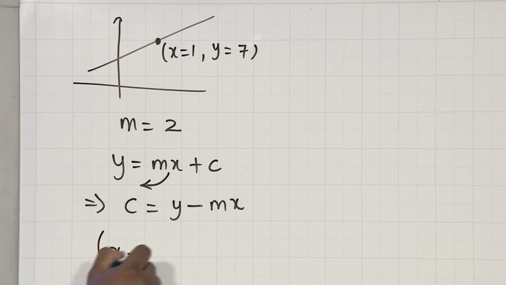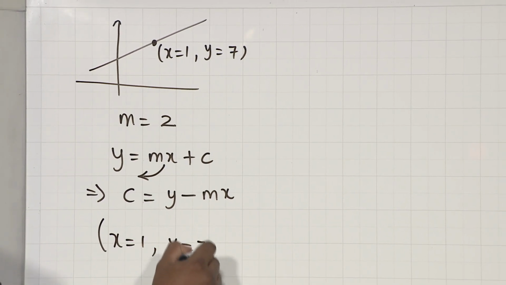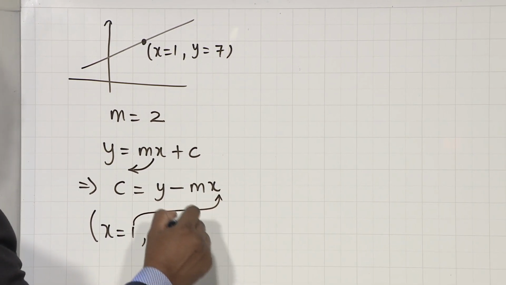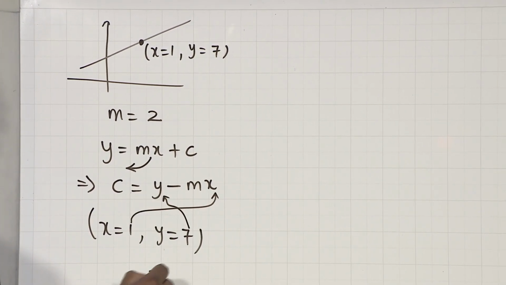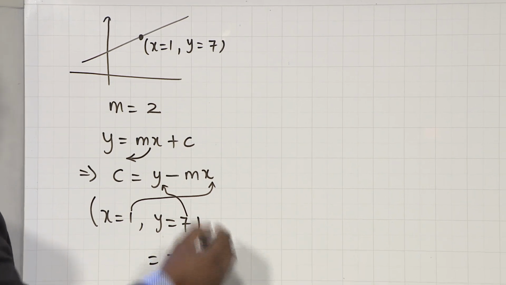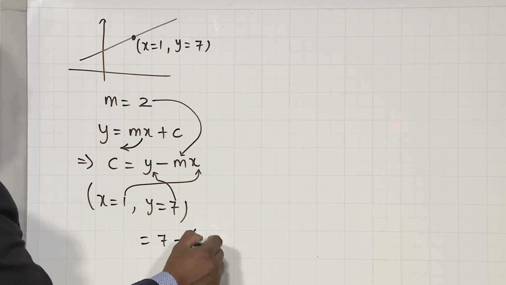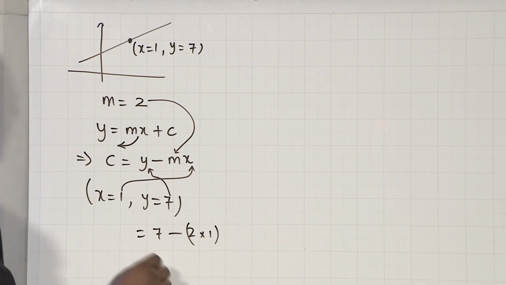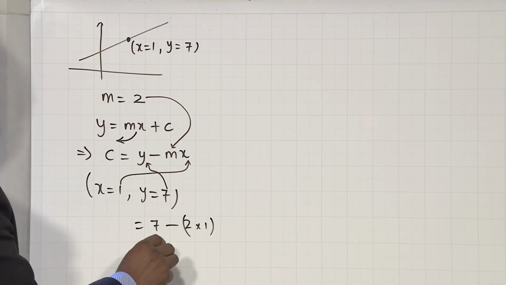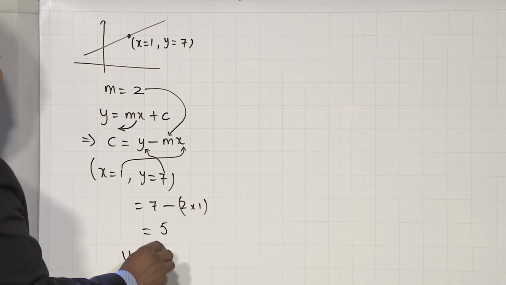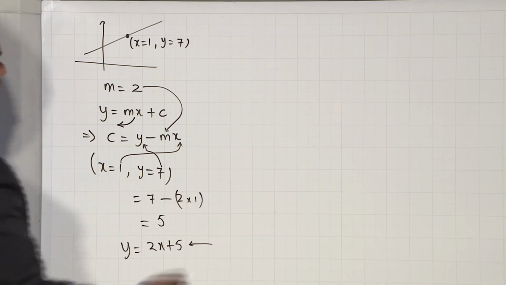I can take x equal to 1, y is equal to 7. So I'm going to replace x by 1 and y by 7. So it is 7, and of course the m was 2, 2 times 1. So 7 minus 2, 5. Y is equal to 2x plus 5.